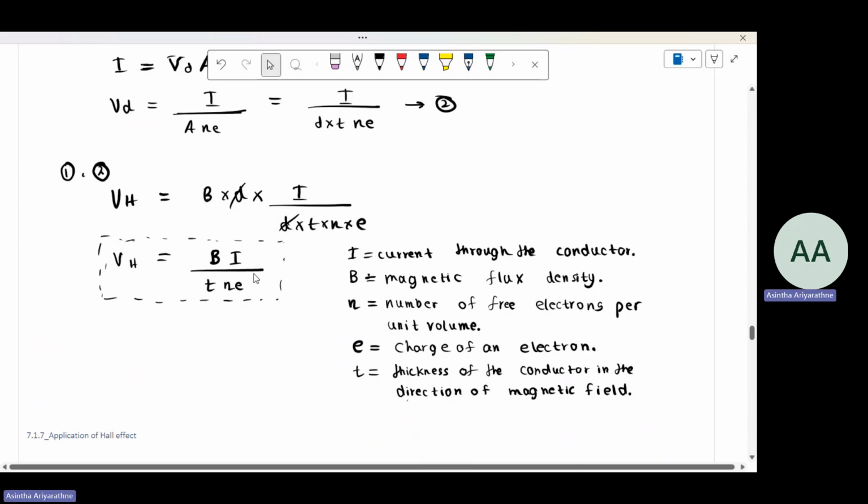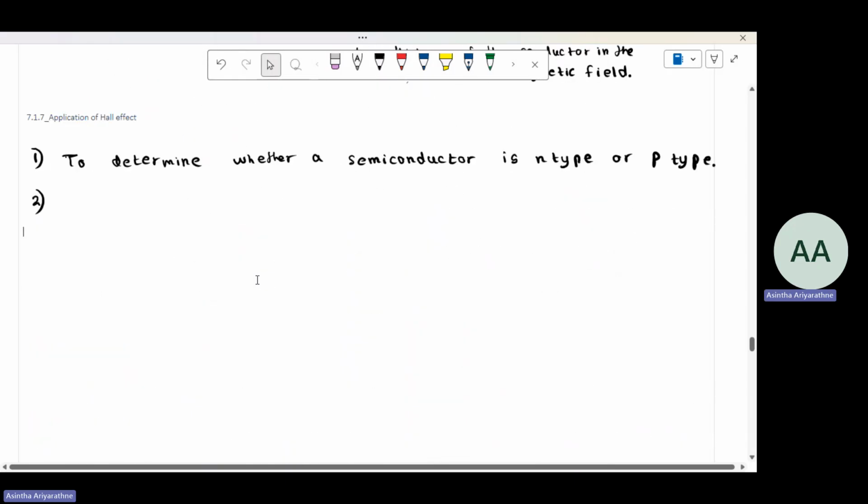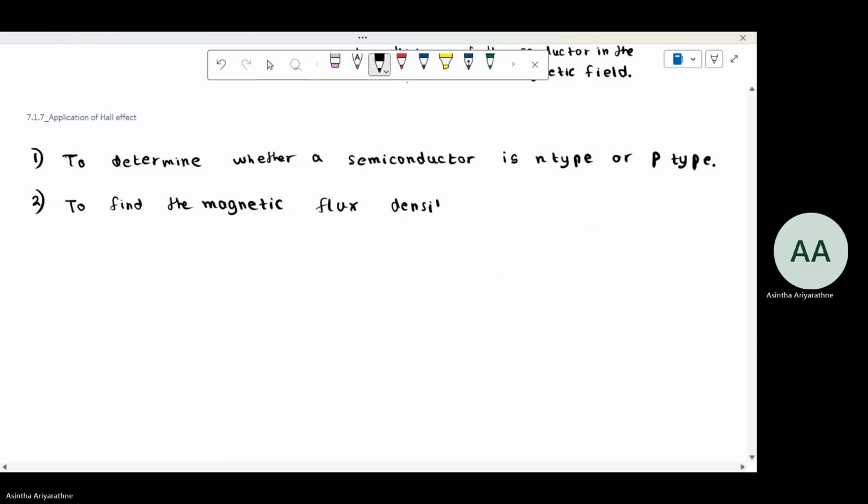So I can be measured, and then we can find the magnetic flux density, B.